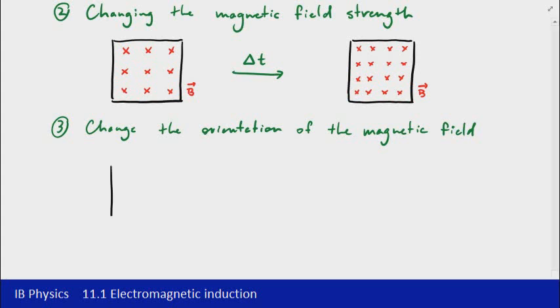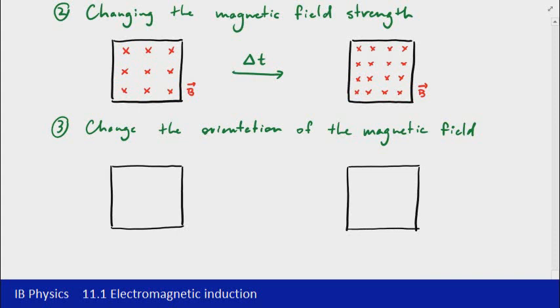And again we'll start off with the same scenario as above, a loop that is not going to change size, and again at some later point in time between the two, so delta t, we're going to see that initially the flux would be through the loop, into the screen, because the magnetic field is directed into the screen, and at some later stage that has then flipped by 180 degrees, so now with dots to show that the flux is coming out of the screen.